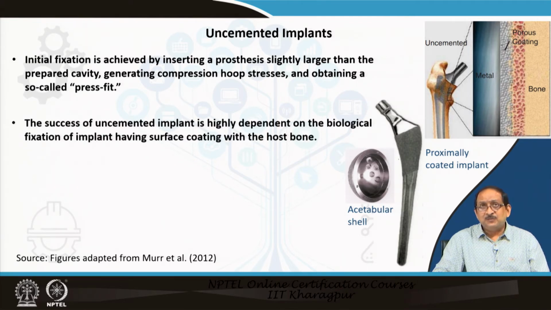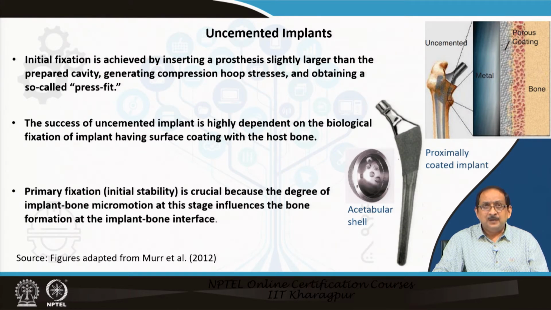Now, the success of an uncemented implant is highly dependent on the biological fixation of the implant, having a surface coating, with the host bone. Primary fixation or initial stability is crucial because the degree of implant-bone micromotion at this stage influences the bone formation at the implant-bone interface.